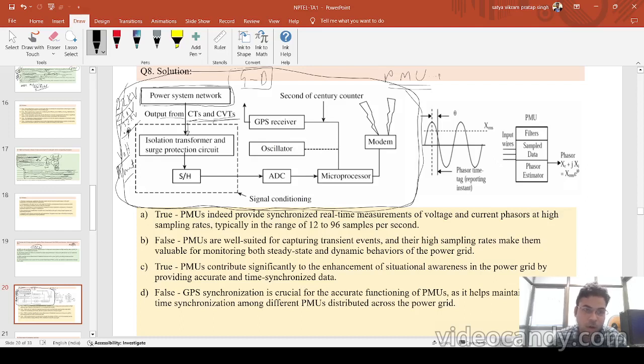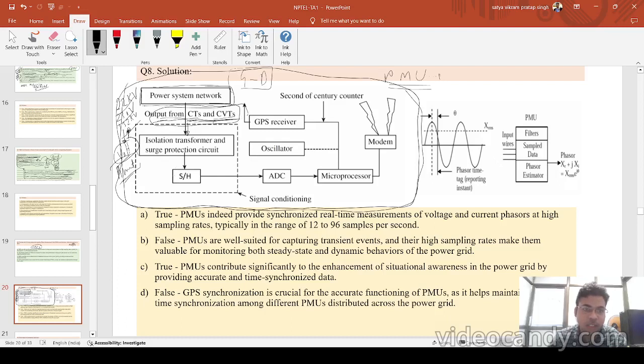For that, what do you need? You need to step down this voltage to the voltmeter level, or step down a high current to a low current level using CTs, current transformers. That is done by the CTs and CVTs, that is CTs and PTs, instrument transformers.